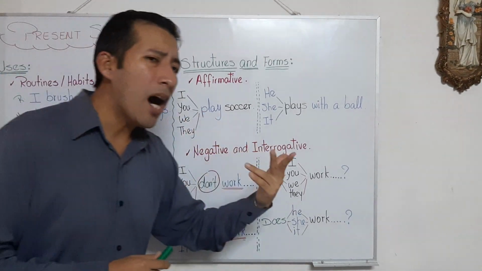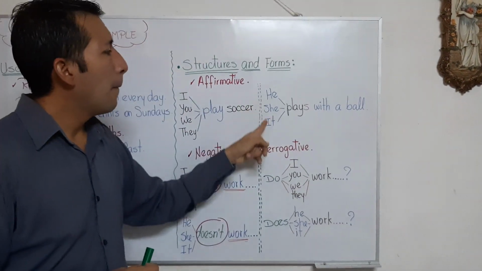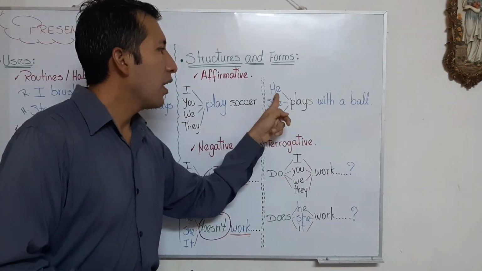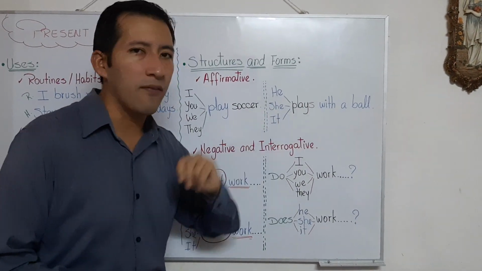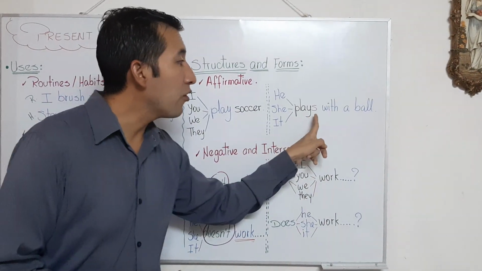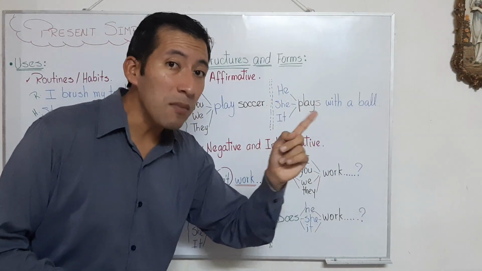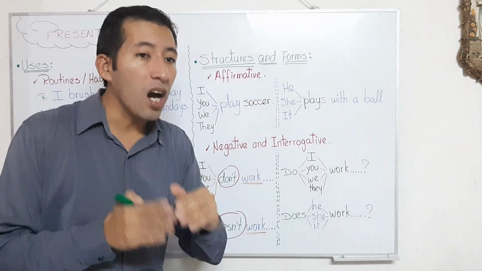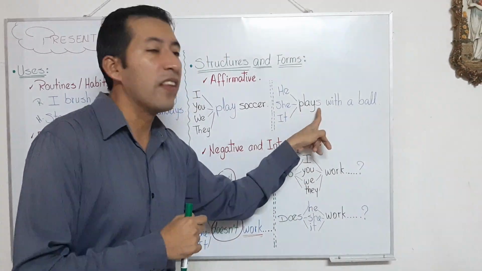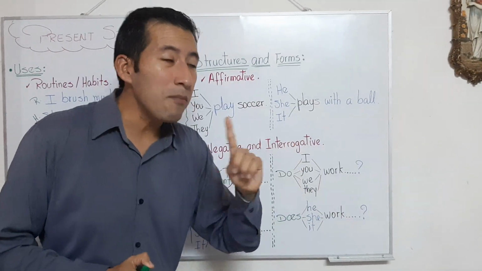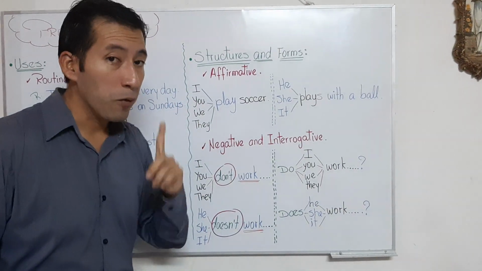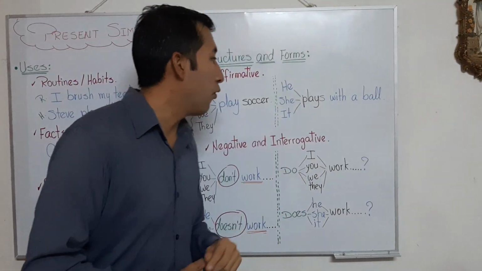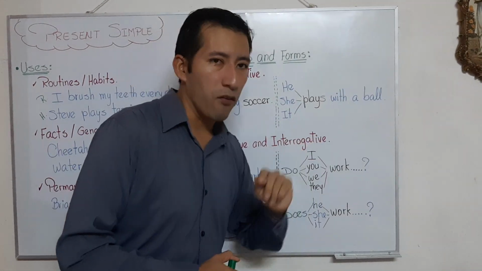But what about he, she, it? We use a change here. He plays with a ball. We use the letter S. It doesn't mean that it's plural. It's part of the grammar, part of the structure to add the letter S. But it doesn't mean that it's future. She plays with a ball. It plays with a ball.